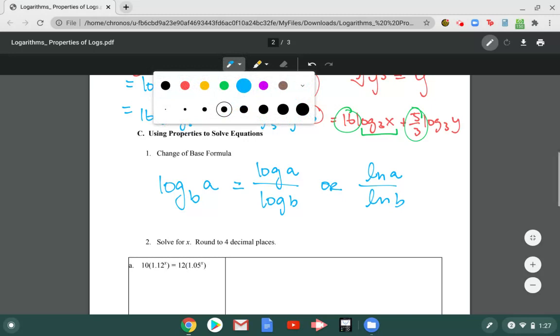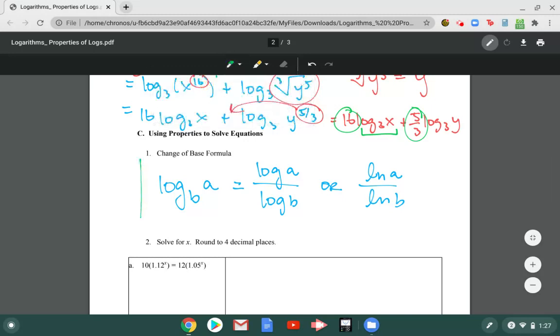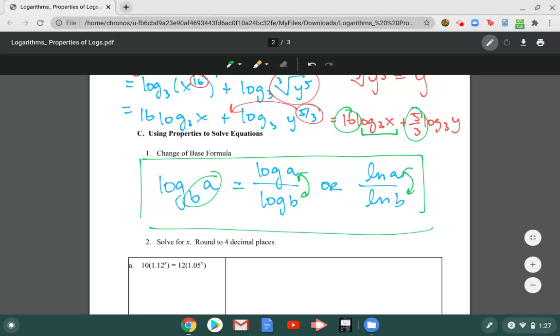I remember this formula because a is above b in the original logarithm, and when I rewrite this using a different base, a is still above b.